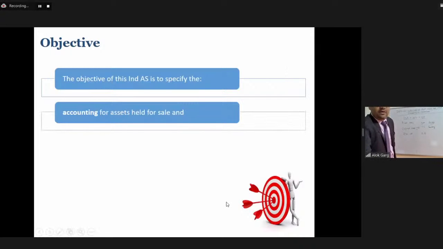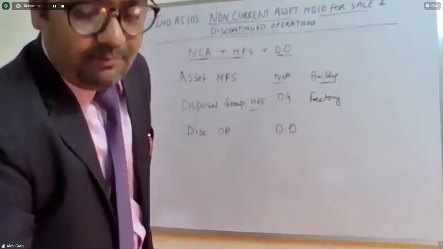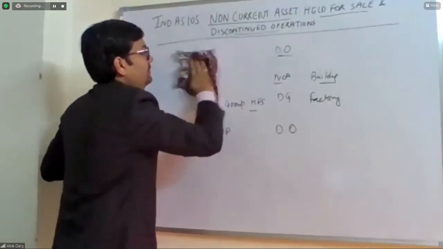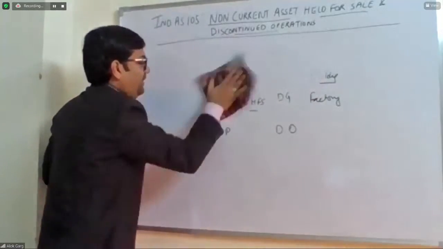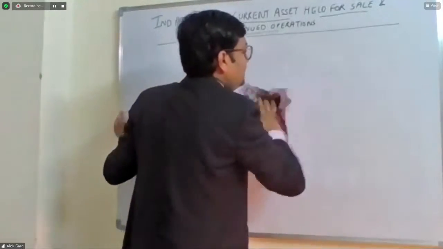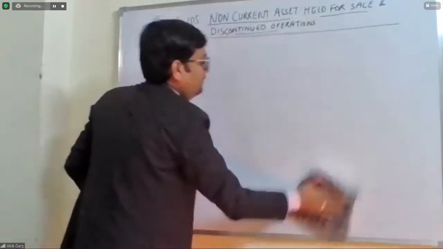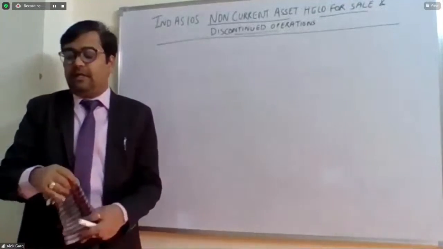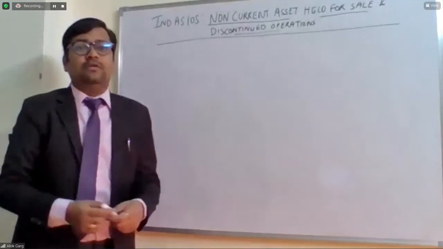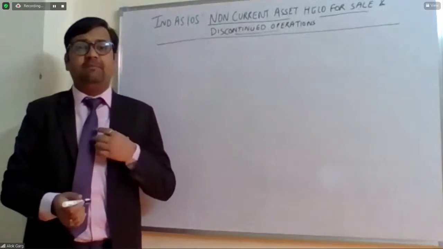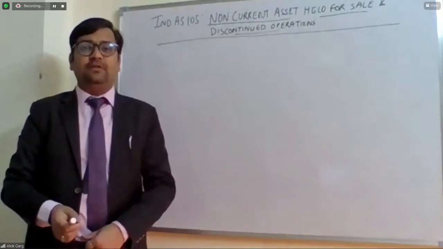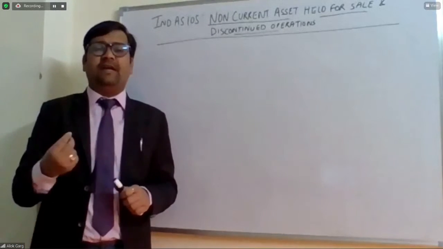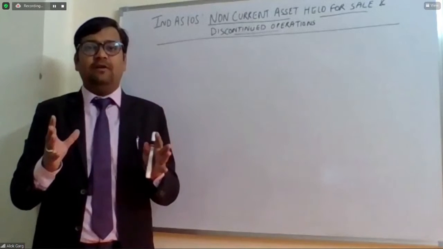So friends, before that, let me give you the entire structure of this particular standard, what we are going to understand in it. Then we'll take it up one by one. We will revise some concepts of IND AS 36 Impairment of Assets. I would request all of you, if you read any standard, read it in a group of standards.